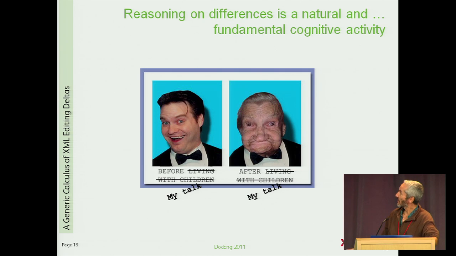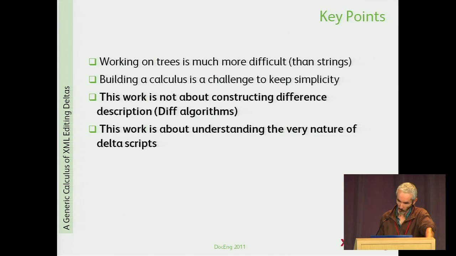In fact, reasoning is not difficult, it's quite a natural activity. The before-after scheme, we see that everywhere. So this talk should not be that difficult to hear and to understand, I hope. Well, so some key points. Working on trees is much more difficult than strings.